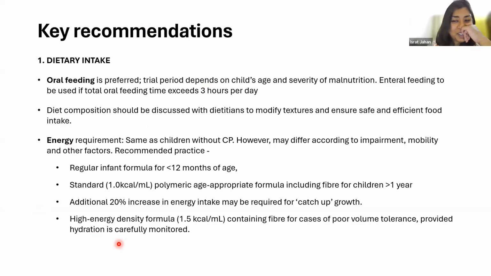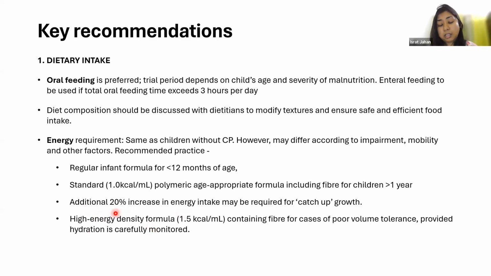Anyway, for infants, they suggest using the standard infant formula. For children older than 1 year, standard polymeric age-appropriate formulas should be used. For children who need catch-up growth, there is an increased need for energy as well.